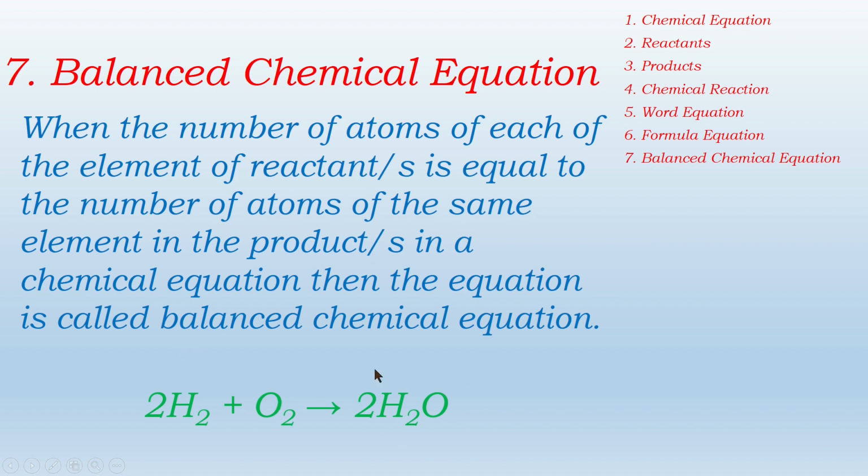In the same way, the number of hydrogen atoms on the right hand side is 2 twos are 4. On the left hand side also it is 4. It means if the number of atoms of each element on the product side and the number of atoms of the same on the reactant side are equal, then that kind of chemical equation is called balanced chemical equation.